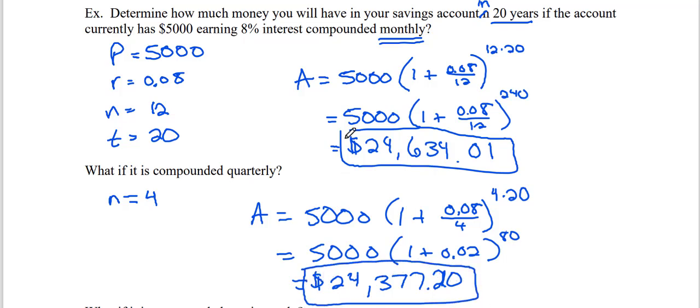I have a question for you to think about. Does it make sense that we got a smaller number from quarterly compounding versus monthly compounding? I want you to think about that for a second.